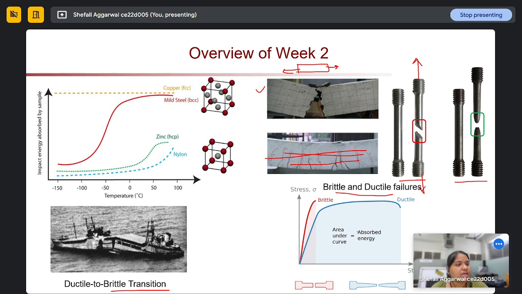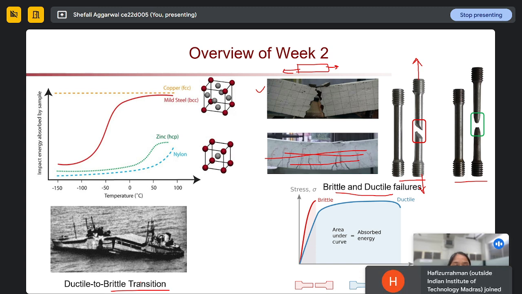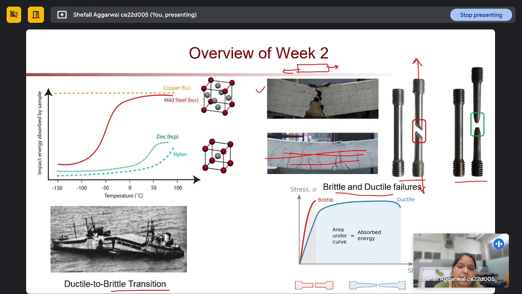Okay, so these are the various ductile and brittle failures. The next thing is the ductile to brittle transition. Normally materials like metal initially have good ductility. However, because of temperature change, there can be a chance that the ductile material changes to brittle material.